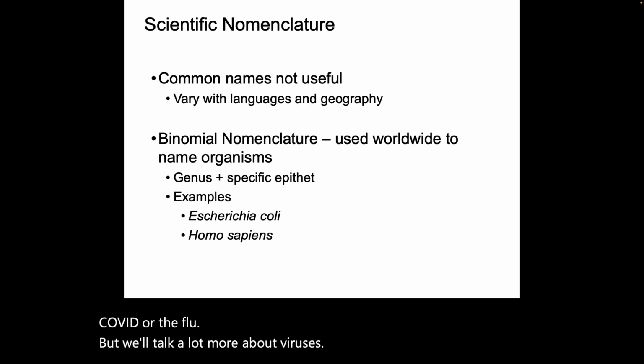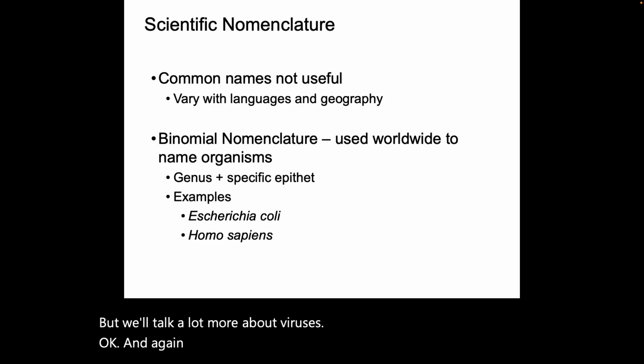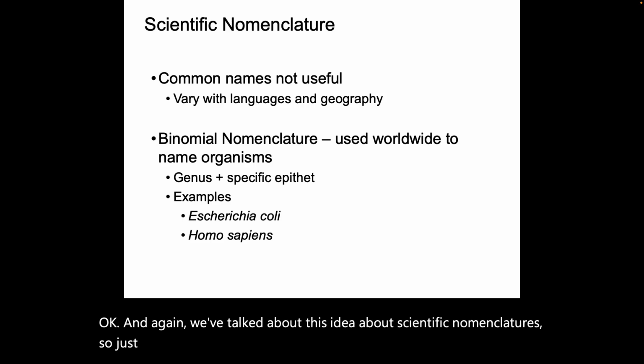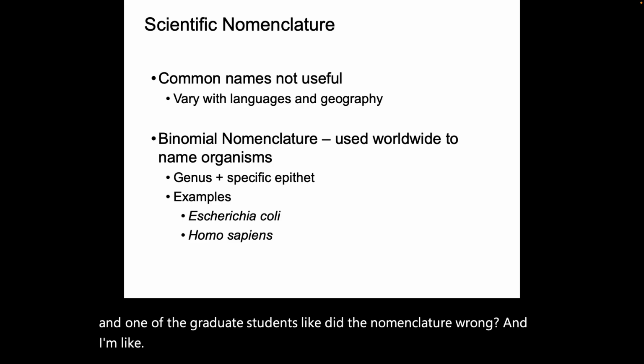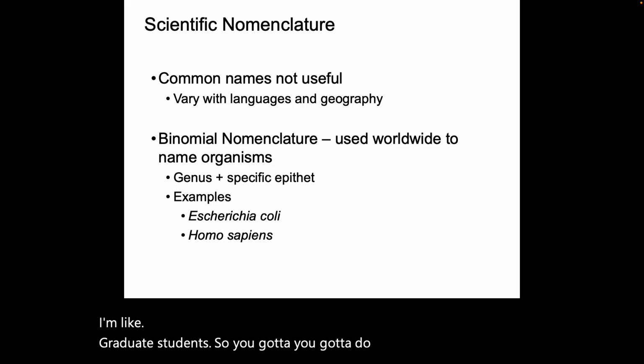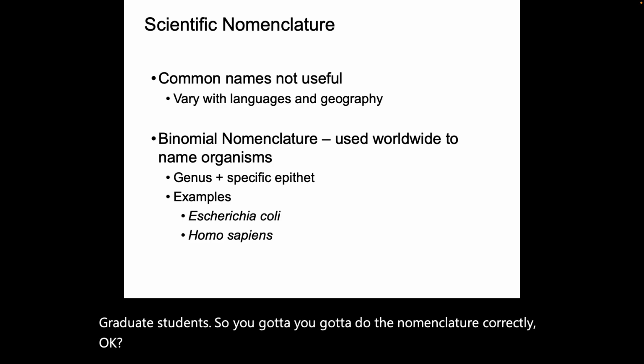Okay. And again, we've talked about this idea about scientific nomenclature. So just to really emphasize how important this is, I teach a graduate class, and one of the graduate students did the nomenclature wrong, and I'm like, oh God, graduate students, you gotta do the nomenclature correctly, okay? You have to use both terms.